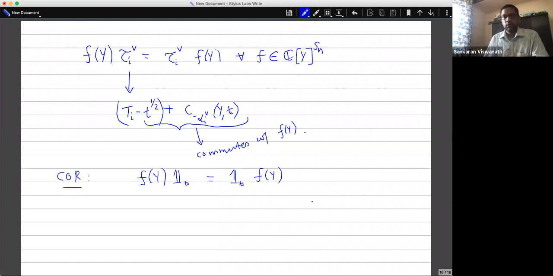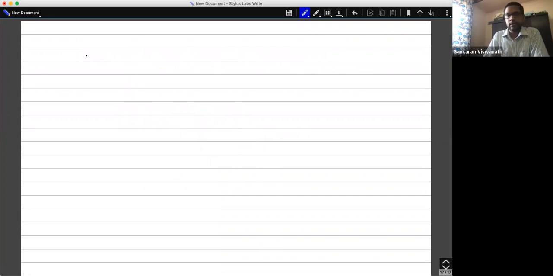Okay, so now we are ready to show that P lambda is an eigenvector for the action of fy. So if I compute fy on P lambda, which as I said is up to the prefactor just 10 E lambda, we'll commute these two past each other. So I get 10 fy E lambda. Now E lambda is an eigenvector for the action of fy, because it's a polynomial in y, and we know how to write the eigenvalues.